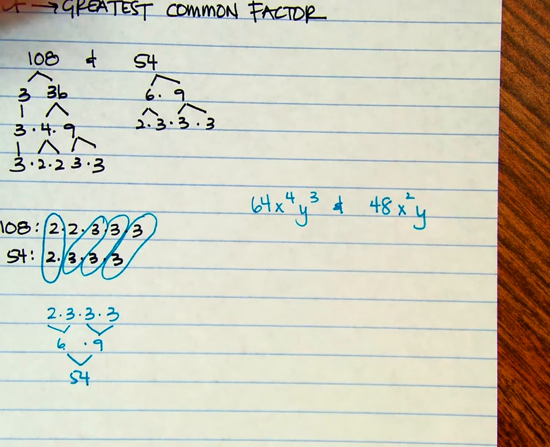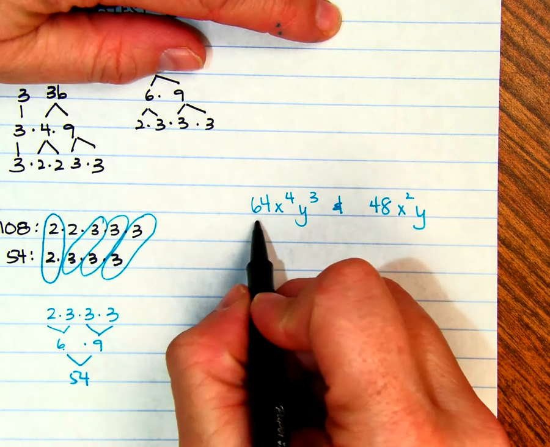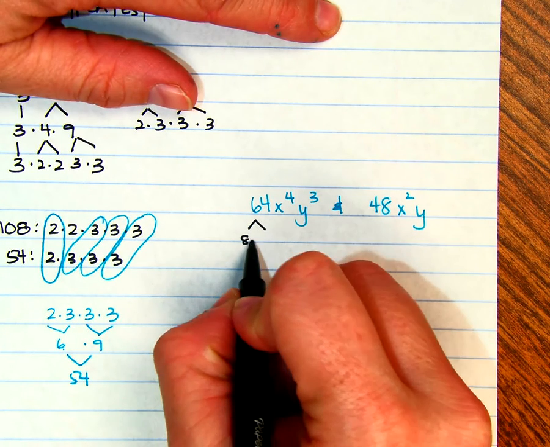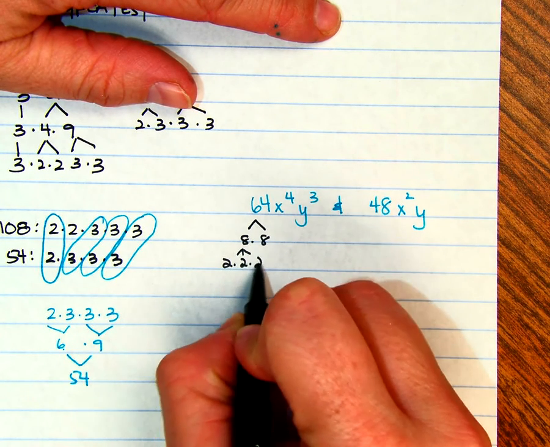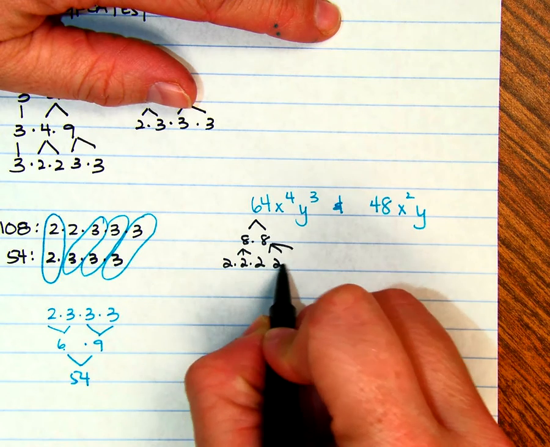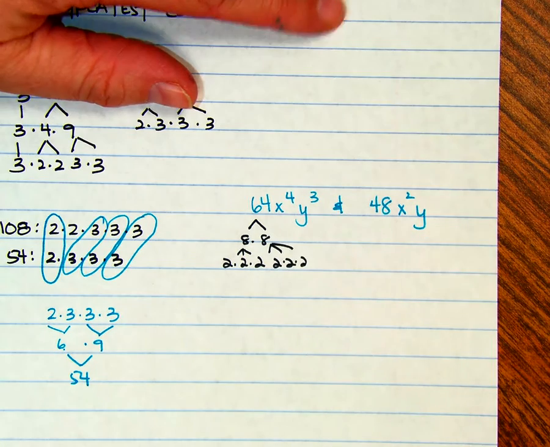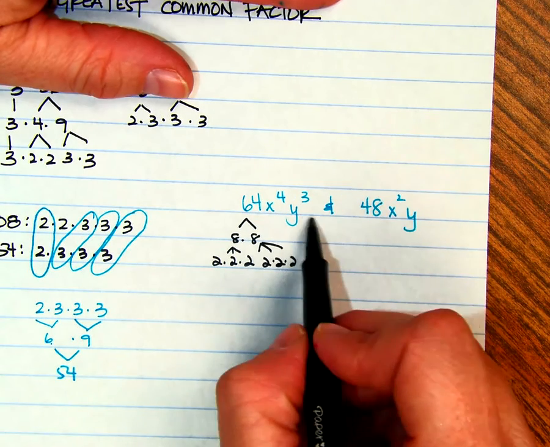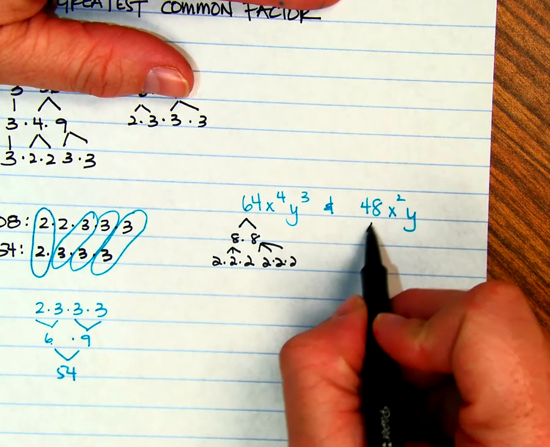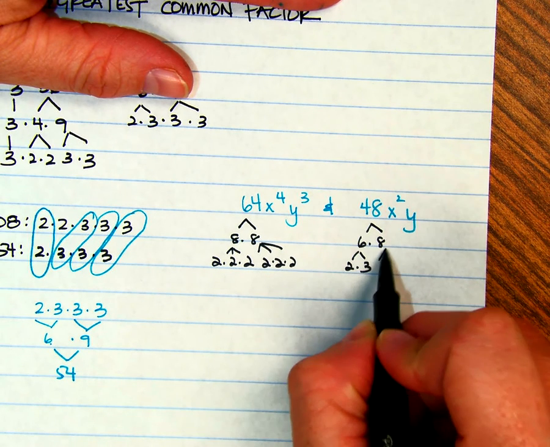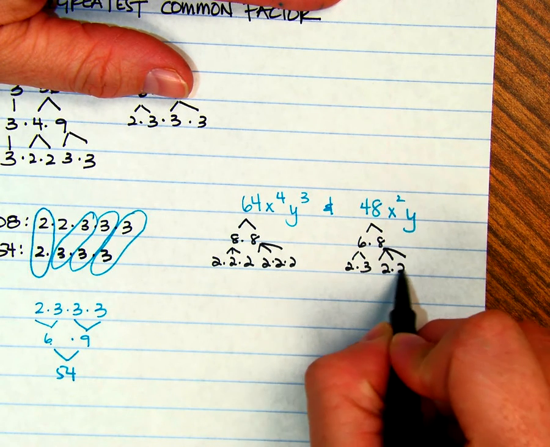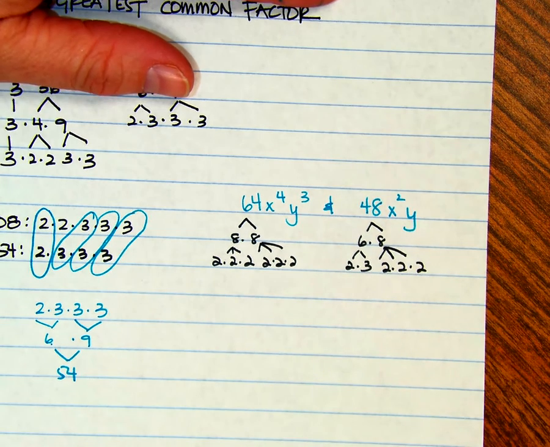So if I have those two and I'm going to do the prime factorization or figure out what their greatest common factor is, 64 I know is 8 times 8, and each 8 breaks down to 2 times 2 times 2, and another 2 times 2 times 2. I'm going to ignore the variables for a minute. 48 is 6 times 8, which is 2 times 3, and then 8 again is 3 more 2's.